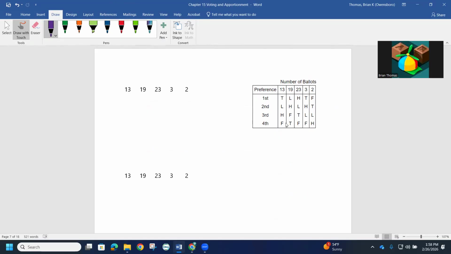Since fitness had the fewest first place votes, we eliminated it off the ballot. What we do now is shift everything up. Here, the T, the L, and the H stay in the same order. But in this next one, notice that theater jumps up one. So L, H, and T. And then here we have H, L, and T, so nothing really changed there.